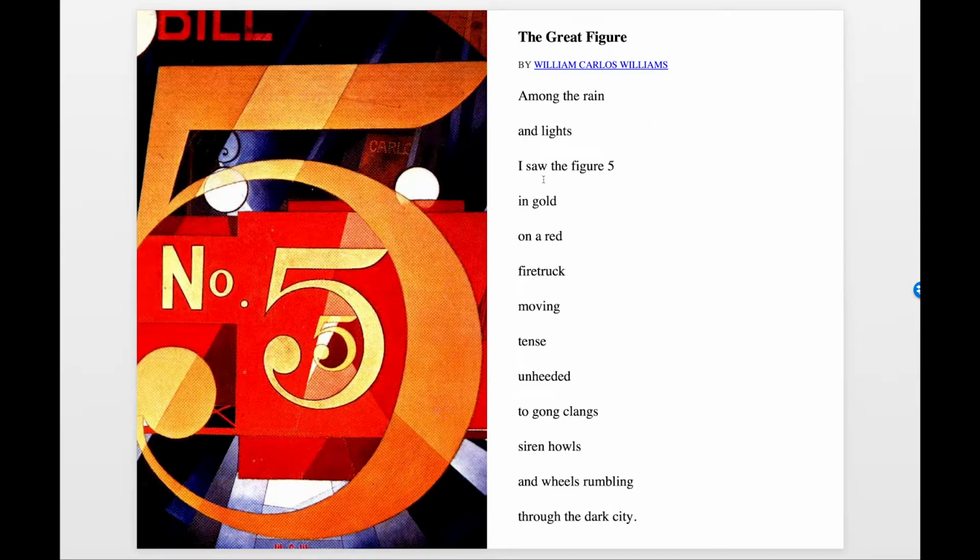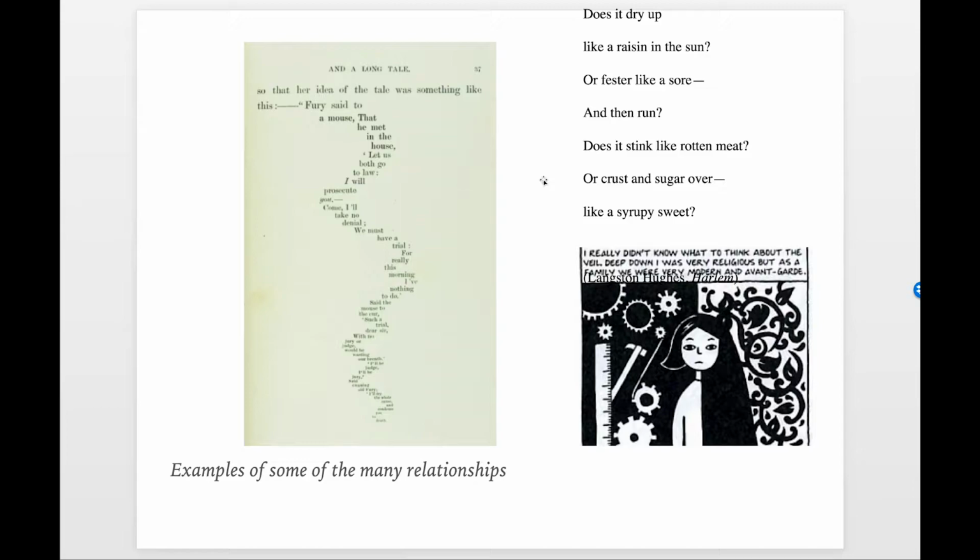we have a poem by Langston Hughes, which I've included because it's the more traditional way of thinking about imagery and the visual in poetry, where the visual is brought into the poem through very rich description, like a raisin in the sun, or fester like a sore, stink like rotten meat. This way of making meaning through visual imagery in words is something we're more familiar with.